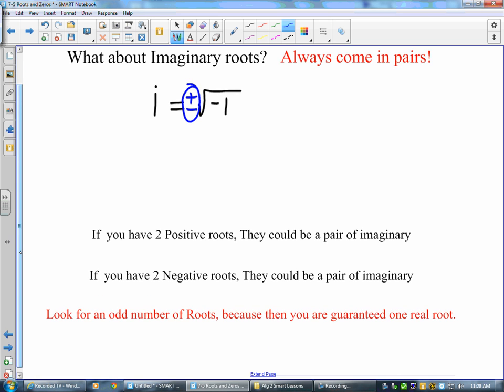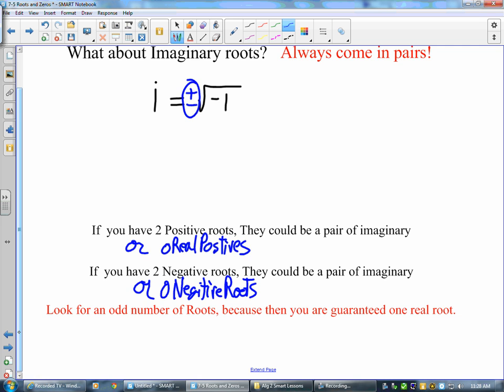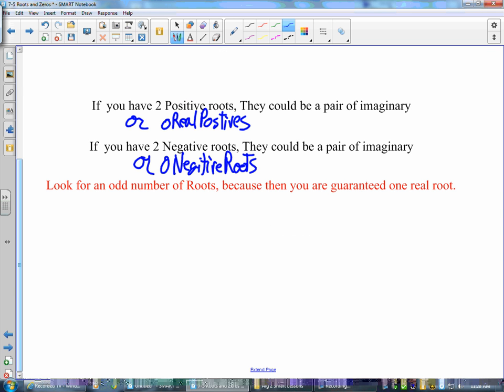You'll have the positive answer and the negative, so they always come in pairs. So if you have 2 positive roots, they could be imaginary. You may have 0 real positive answers. If you have two negative roots, you could have two negative roots, or you could have 0 negative roots. So what we're looking for is an odd number of roots.